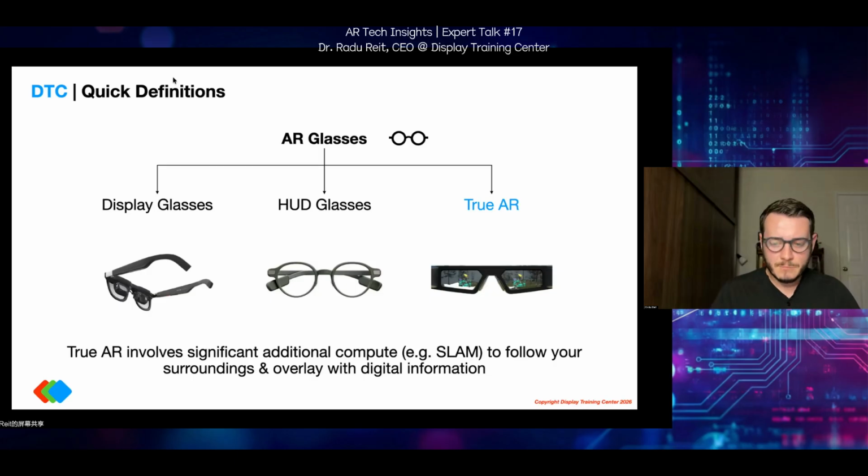But this is very complicated. It's very computationally intensive. It requires significant compute, like the simultaneous localization and mapping algorithms, the SLAM algorithms, that really take a lot of effort, take a lot of power, and take a lot of space in terms of a hardware envelope.